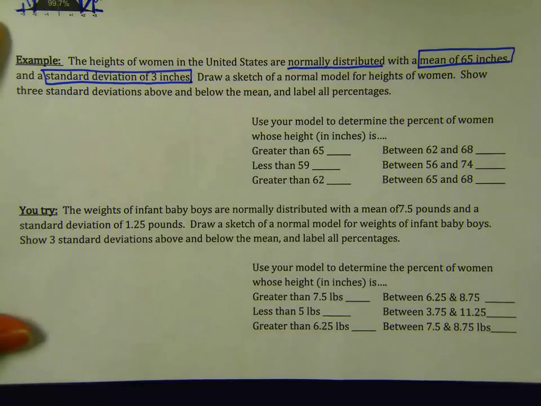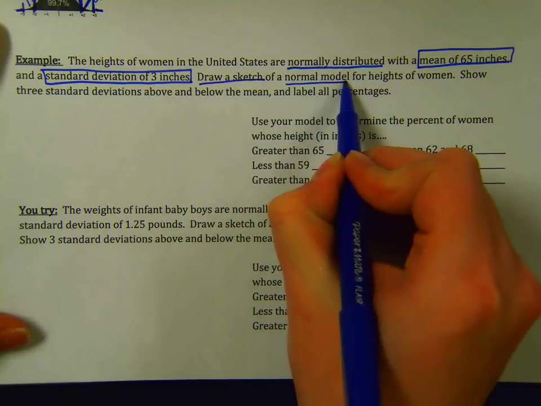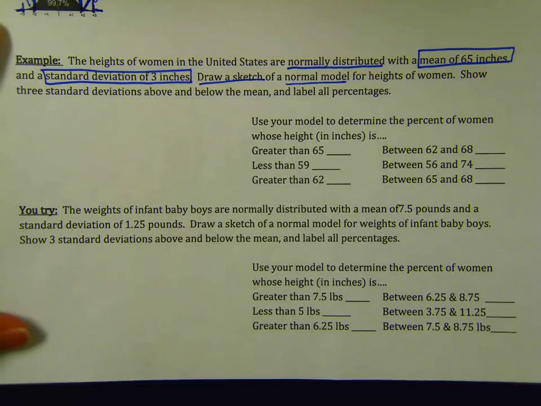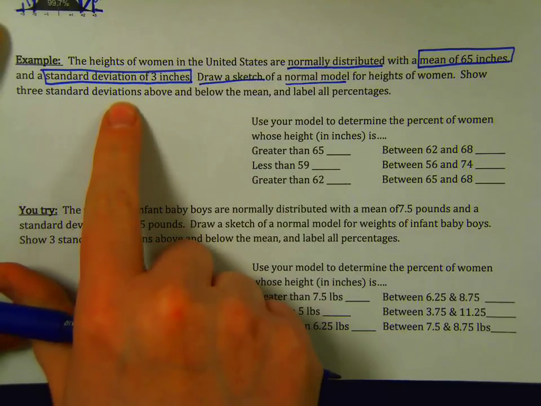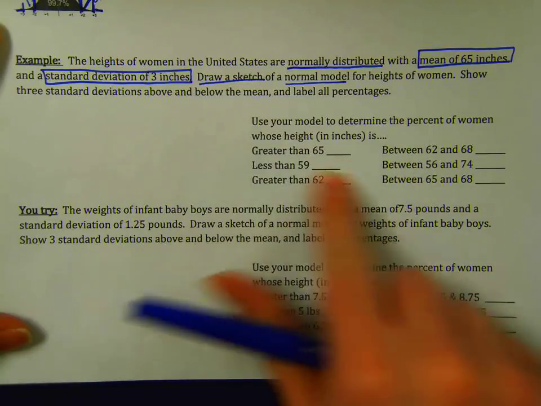Now, if you have a highlighter, feel free to highlight instead of boxing. It's up to you. Your first task is to draw a sketch of the normal model. So we'll sketch together. Then we're going to show the 3 standard deviations on that sketch, and then we're going to label the percentages down here.